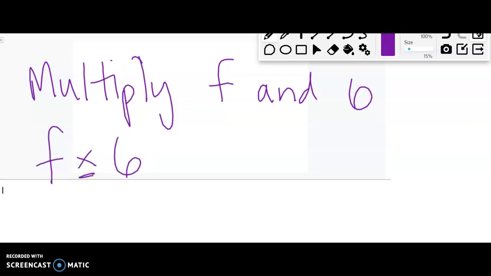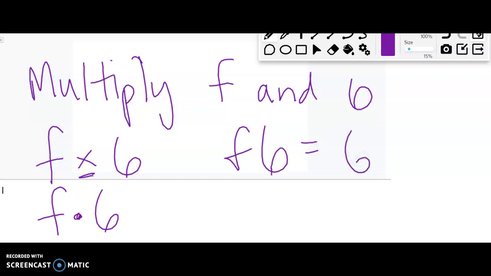We start to avoid the x for times because it looks like another letter. So sometimes we can use a dot. Sometimes we can just put them next to each other. Although usually if we do that, we put the number first. So I get 6f. 6f means 6 times f. I think that's how we could write it.